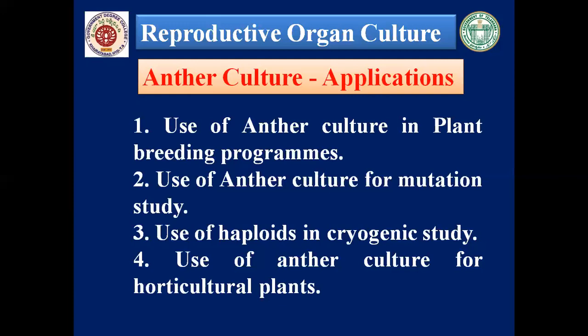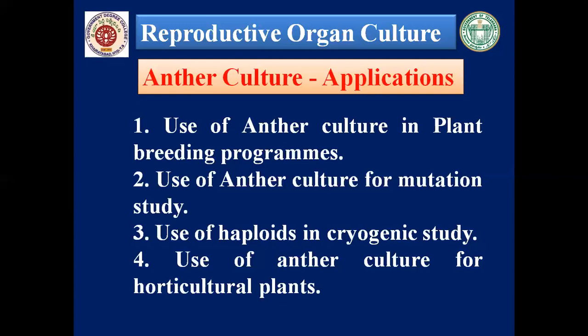In the next class, we'll see in detail about pollen culture, and how pollen culture is advantageous over anther culture. Though pollen grains are a part of the anther, why is this culture technique more important and more significant than anther culture?